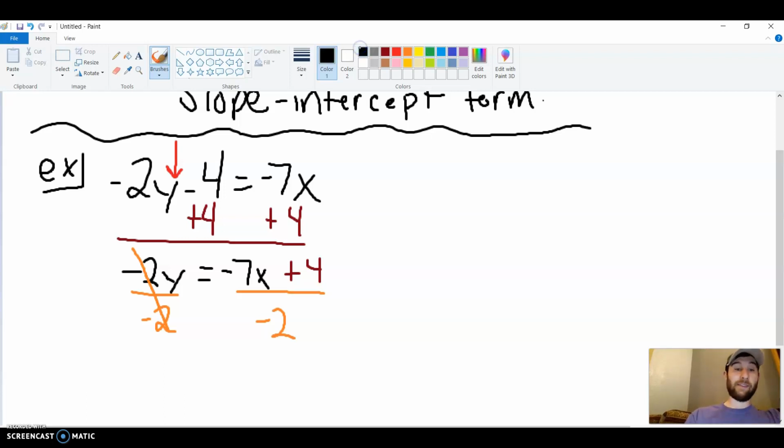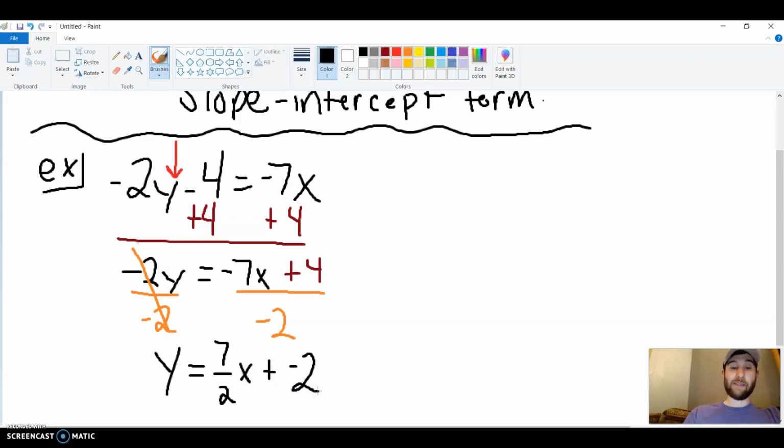So our y is left over. We've solved for y. And now on the other side of the equation, we have negative 7x divided by negative 2. A negative divided by a negative is a positive, so 7x over 2. But another way to write that, since we are looking for slope-intercept form, so we can see our slope easier, is to have 7/2 x plus 4 divided by negative 2 is just negative 2.